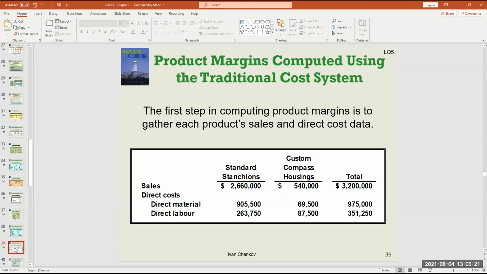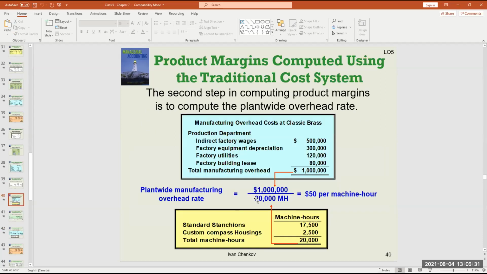Now let's see the traditional. In the traditional, the direct material and direct labor will be the same. Shipping, we're not allocating on the traditional. The shipping is directly expensed. Now, the second part is we have to come up with the manufacturing overhead. For the manufacturing overhead, we're going to use the total cost, and the total usage of machine hours, which for the standard compass housing is 7,500, and for the custom compass housing, 2,500, that's 20,000 total.